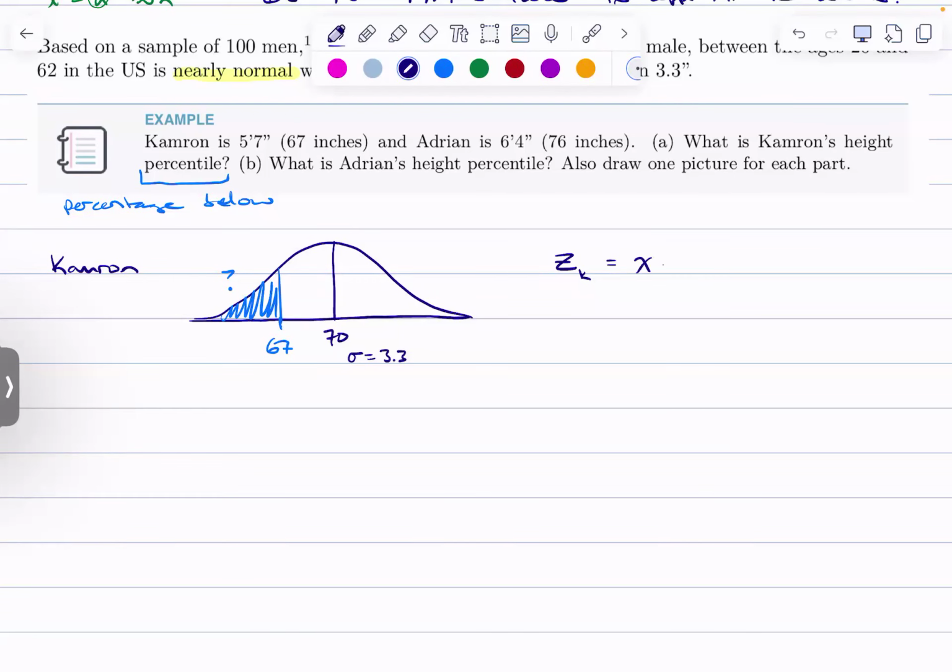And Z is really just saying how many standard deviations away from the mean is this height, right? And then that is your Z. So x minus mu over sigma, and we could put a little xk on there if you want.